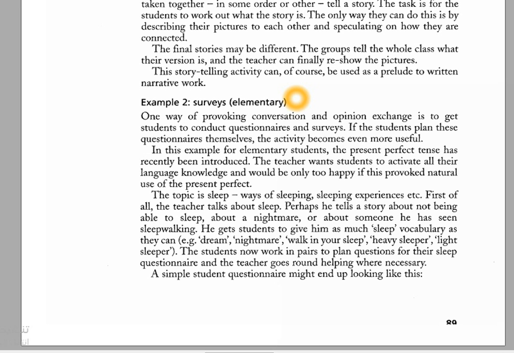So example number 2, doing surveys. If we want to do a survey, I have to understand how to prepare the survey or how to raise a question for the students. That's what I need to share with you right away.